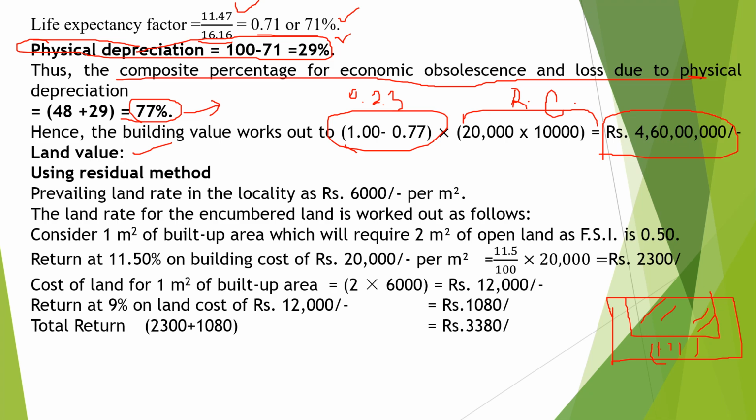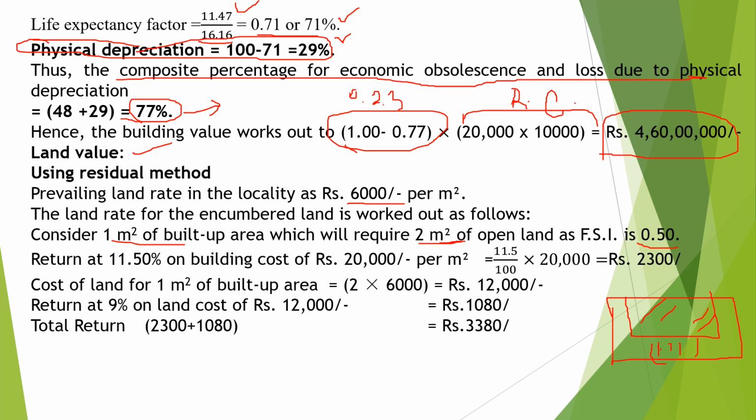The prevailing land rate in the locality is given as 6,000 per square meter. FSI is 0.5. What does this mean? It means for constructing 1 square meter of built up area, you need 2 square meters of open land.